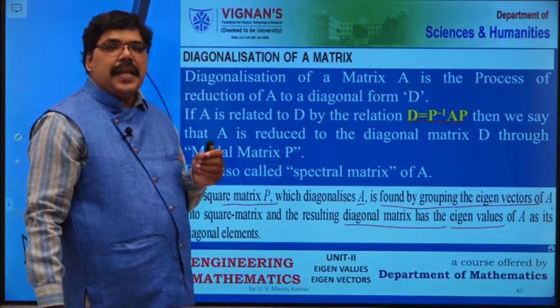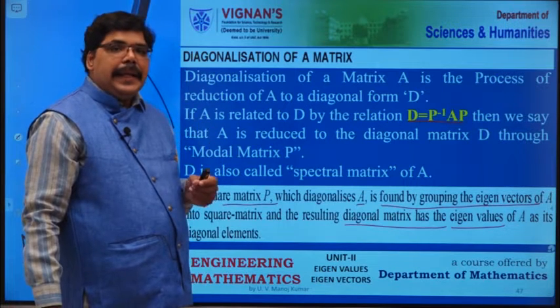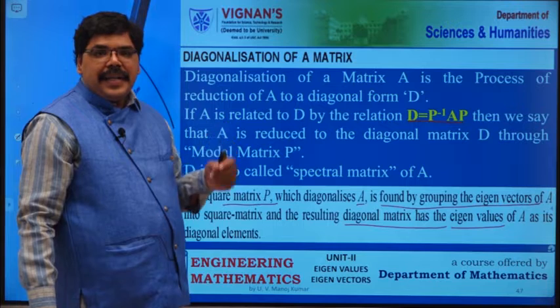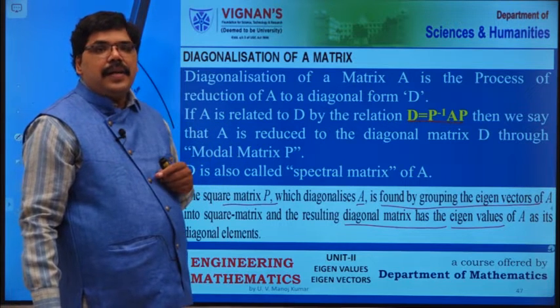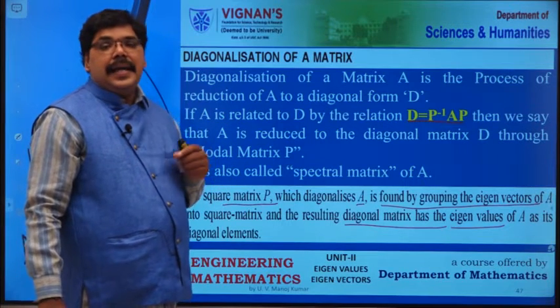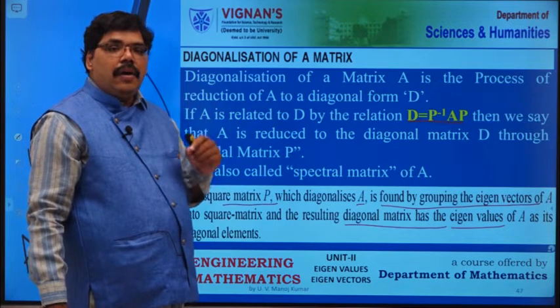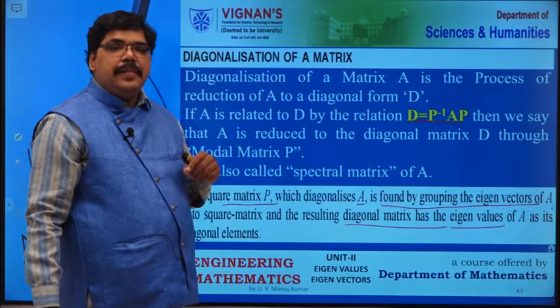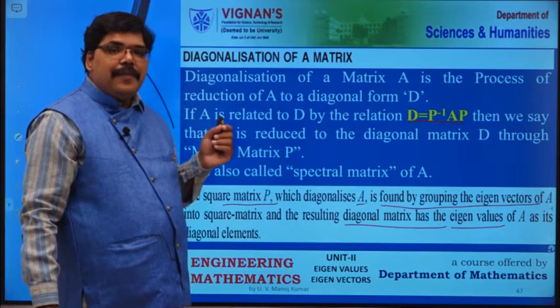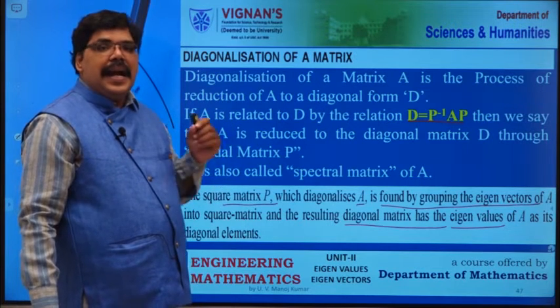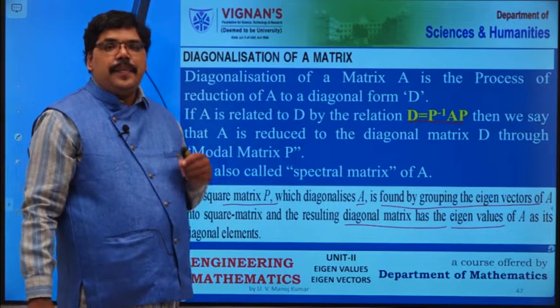How to find capital P and capital D? Capital P is calculated by writing eigenvectors as columns of a particular matrix, and D, the diagonal matrix or the spectral matrix, is obtained by writing eigenvalues as diagonal elements and all remaining elements as 0 in a matrix.